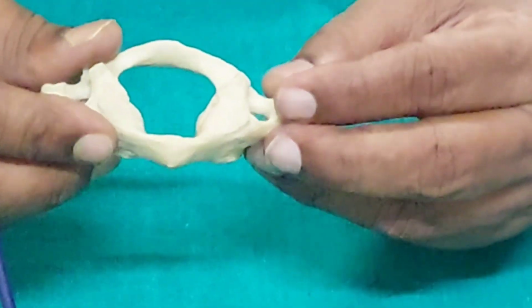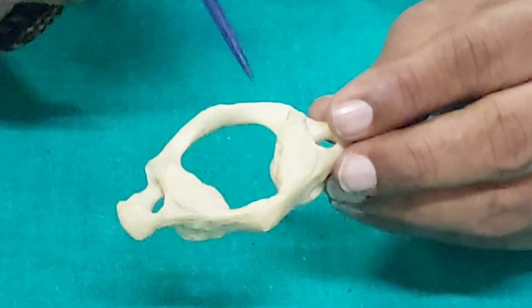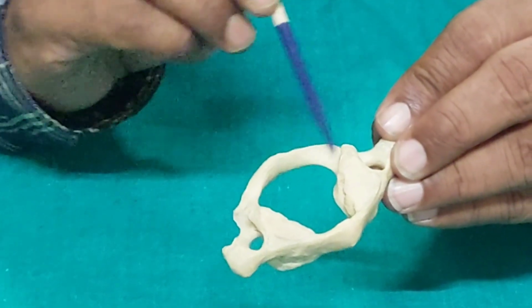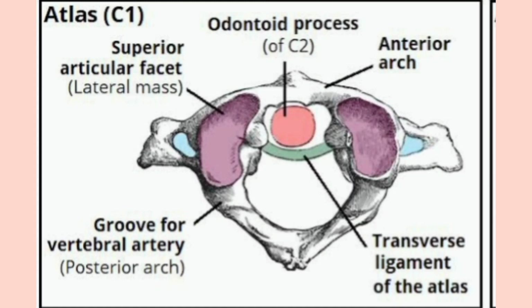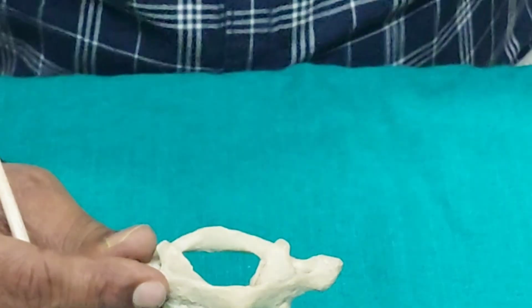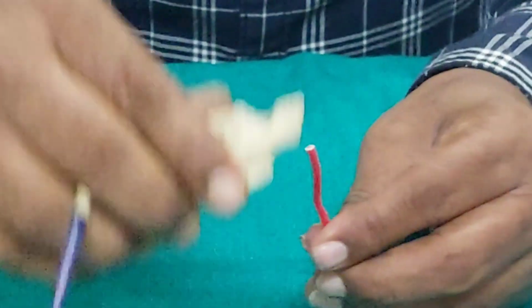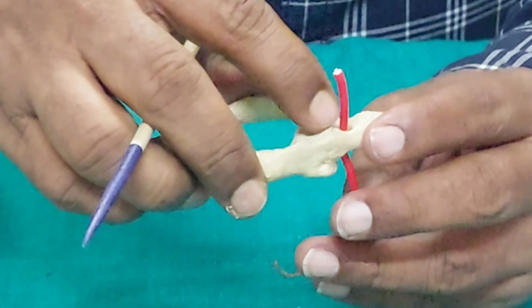The superior surface of the posterior arch, this is posterior arch, this is superior surface. Here presents a groove. This groove is for the vertebral artery. Which part? The third part of vertebral artery. Because we know up to the first cervical vertebra, this vertebral artery second part extends.